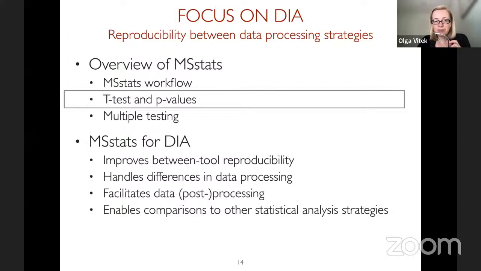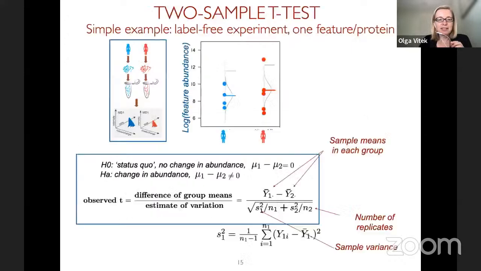I know that many of you have seen that and are familiar with that, but I also noticed that frequently we use these terms without really being on the same page of what it actually means. And just for the sake of making sure that MSstats is used for the right question, I will go ahead and review very briefly t-test, p-values, and multiple testing, just to make sure we are on the same page. And then I will talk more specifically about MSstats for DIA. So first, this is not MSstats.